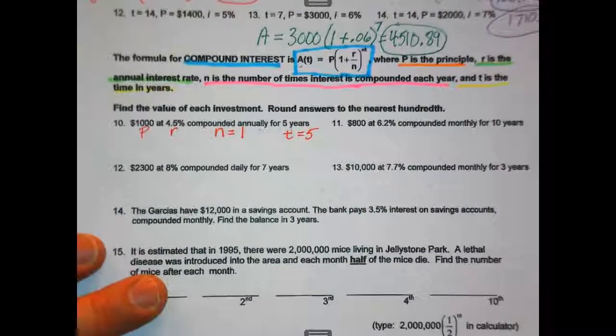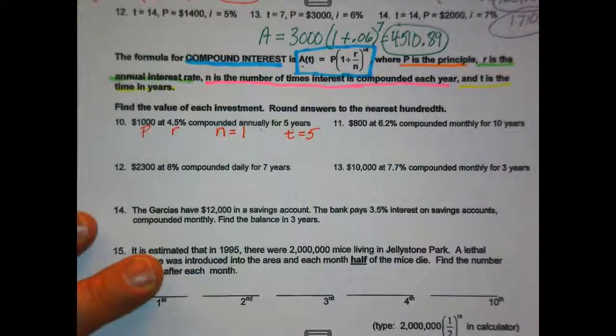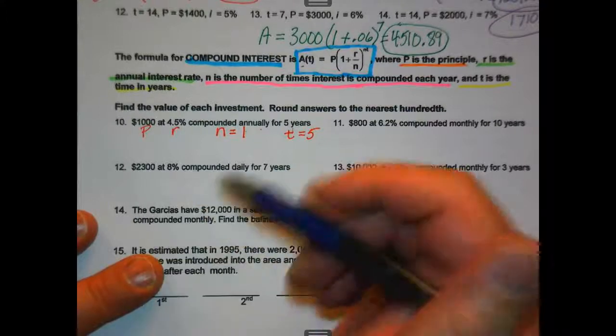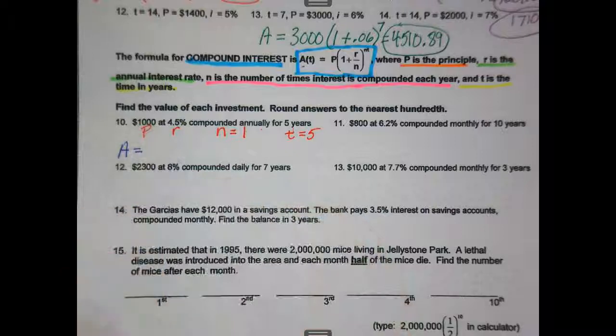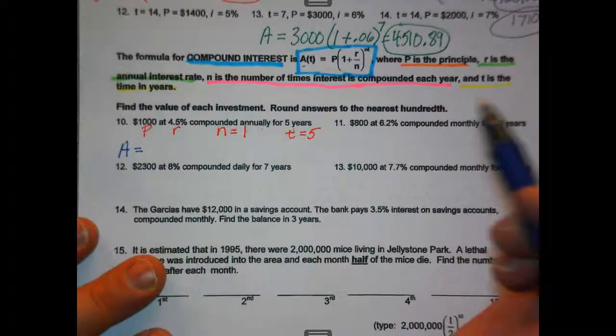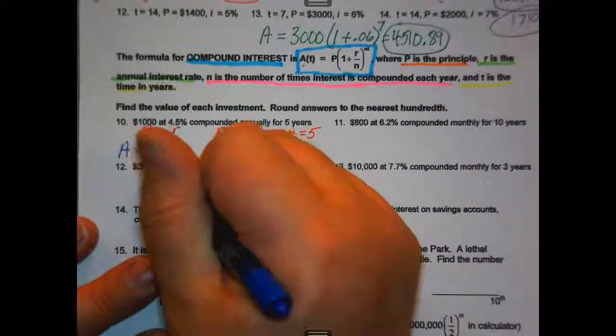Okay, let's plug it into our formula. Well, it's a Y. It's just like Y, just standing for it, okay? So I have my principal, 1,000.